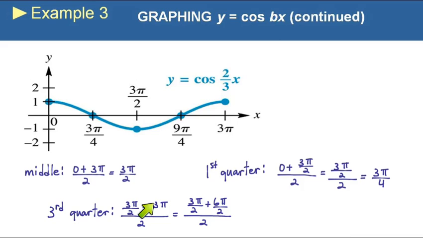So I multiplied my 3 pi by 2 over 2, and 3 pi becomes 6 pi over 2. Now I add 3 pi over 2 plus 6 pi over 2, and I get 9 pi over 2, but it's all over 2. So 9 pi over 2 divided by 2 becomes 9 pi over 4, and that's where that number came from.